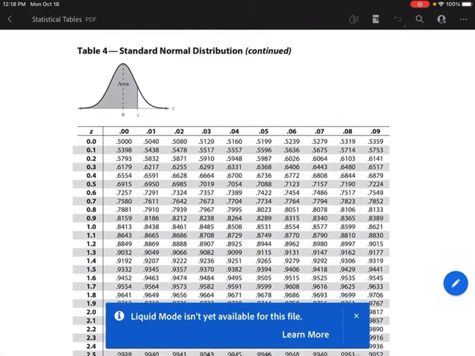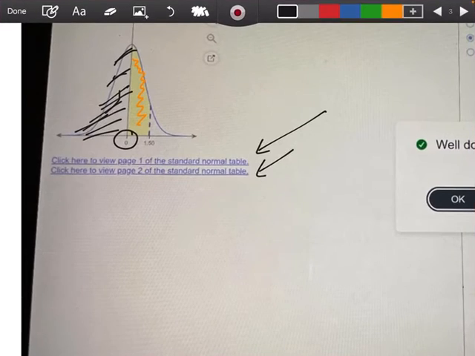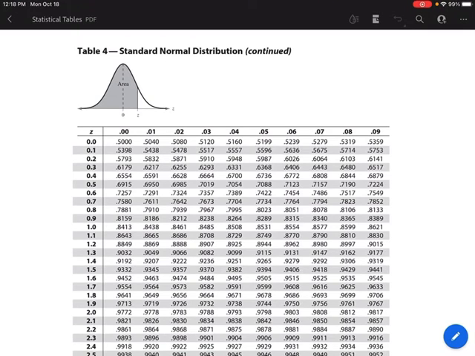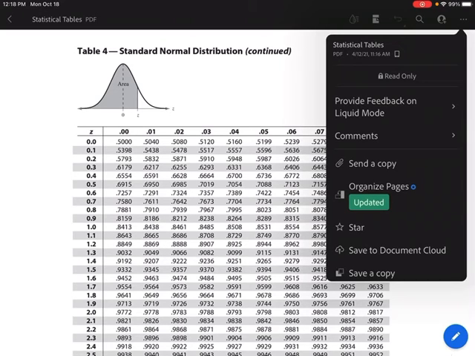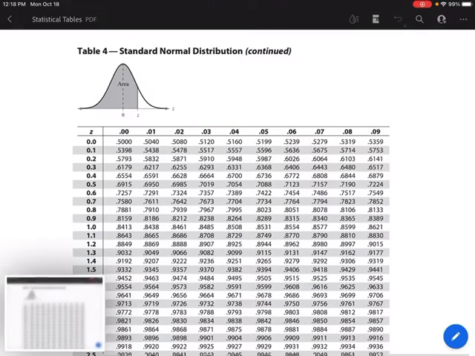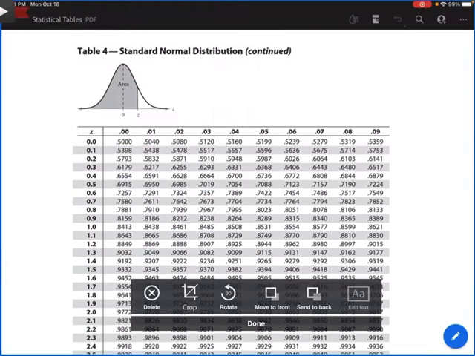Okay, so remember, the first number we had was at 0, right? So when I pull my table, if you look right here at the top, the first number here is 0, and then the second one, let's see if it lets me write on here. I don't think it will, but let me take a quick screenshot and we will just upload it over here so we can do it.